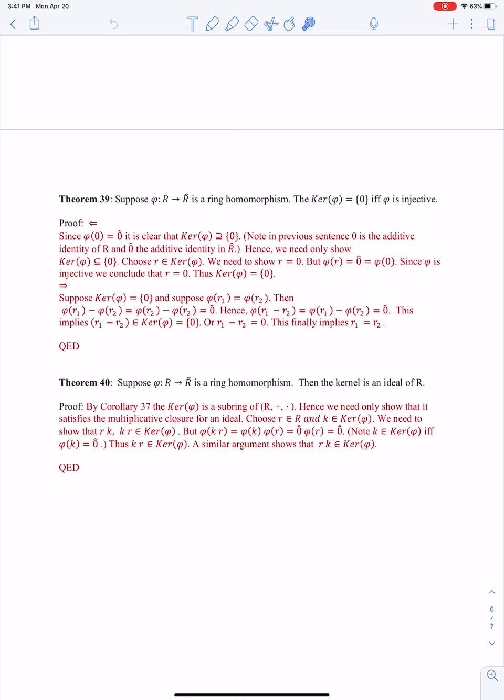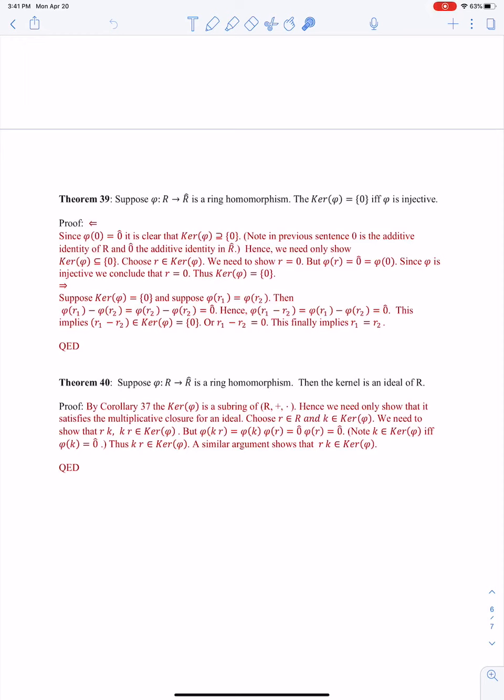Well, this implies, adding minus phi of r2 to both sides, that phi of r1 minus phi of r2 is 0 hat, the 0 in R hat. But phi is a homomorphism, so phi of r1 minus phi of r2 is the same as phi of r1 minus r2, but I just said that was 0 hat.